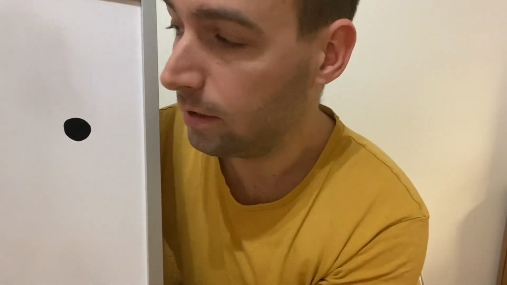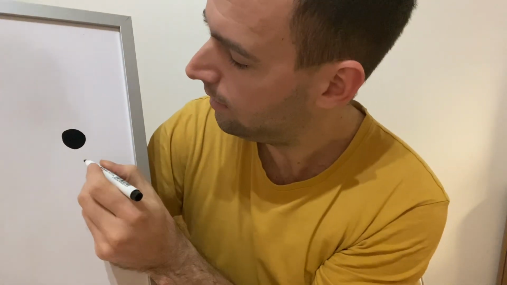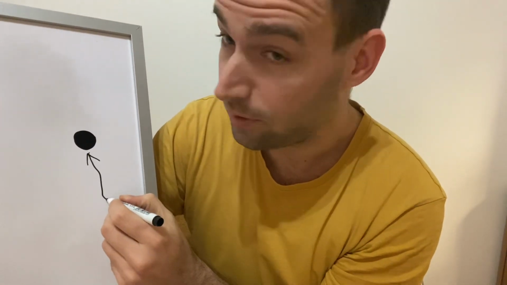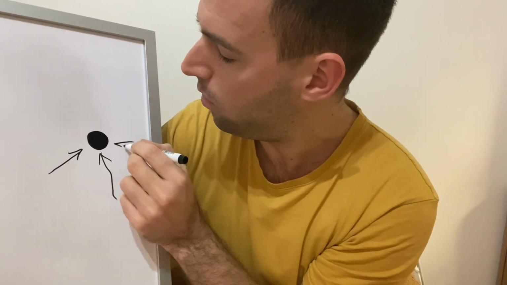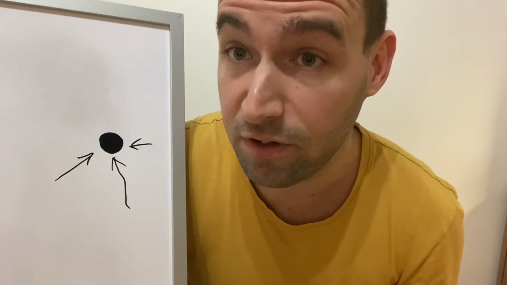Now this thing cannot lose mass anymore, okay? It just cannot. What it can still do, however, is gain mass. It has a gravity that just draws in more and more, never ending.